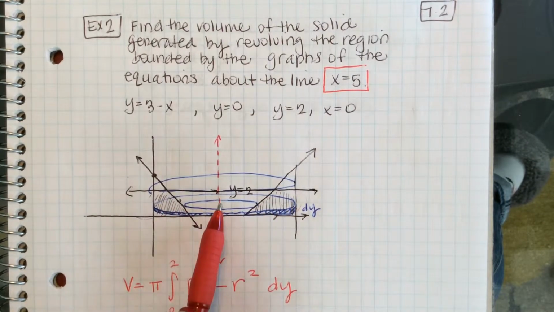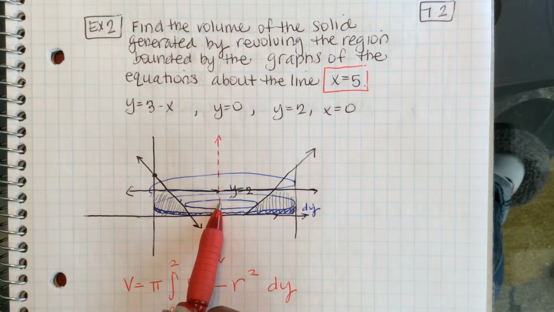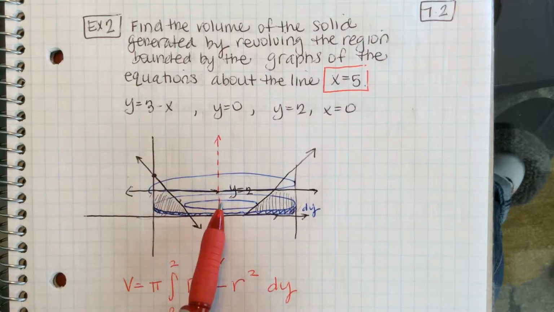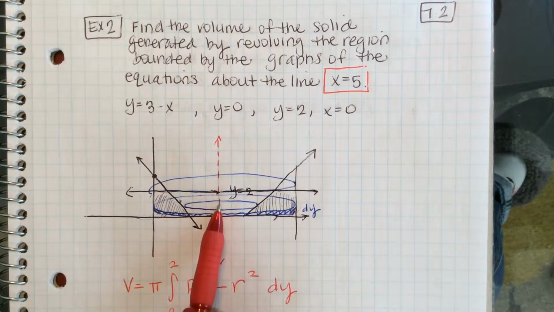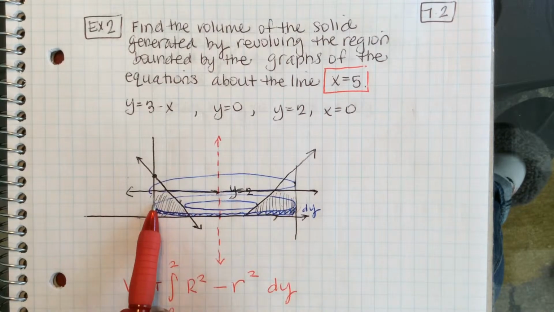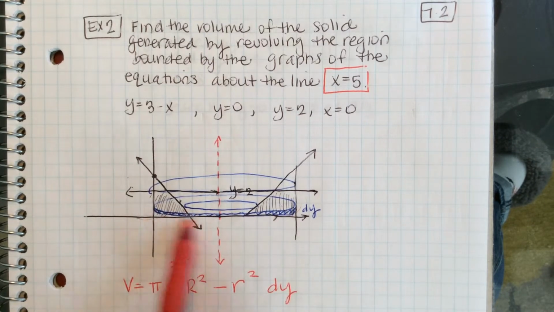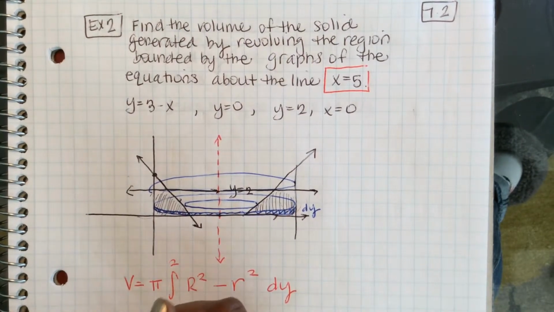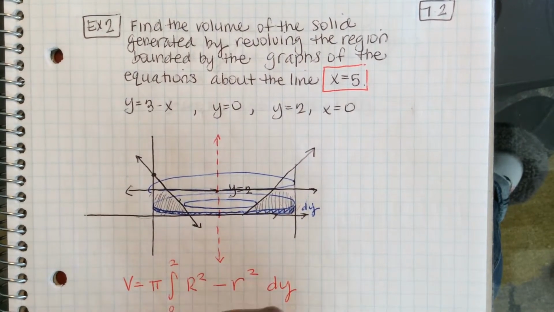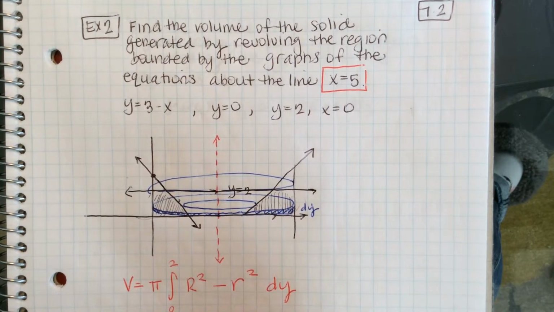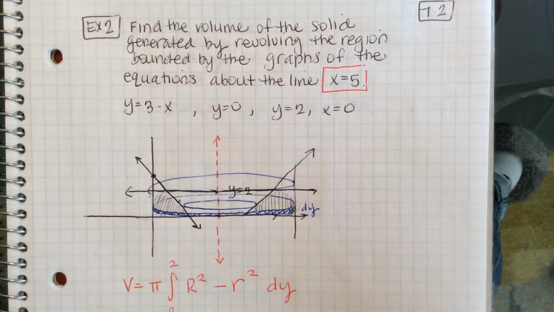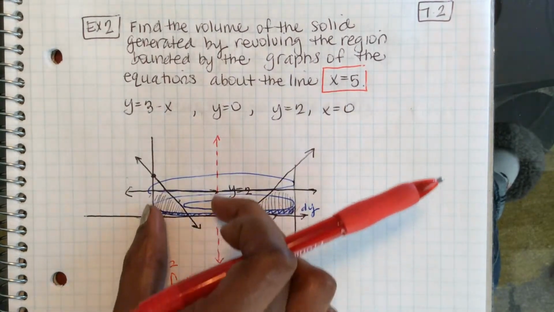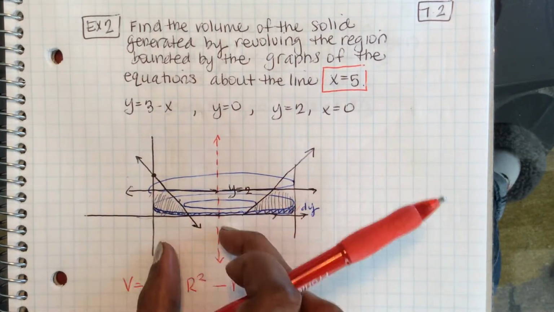My big radius goes from here to here. This is 5 minus 0. So no matter where I am, my big radius is 5 squared. Right? No matter where I am, this radius is 5.